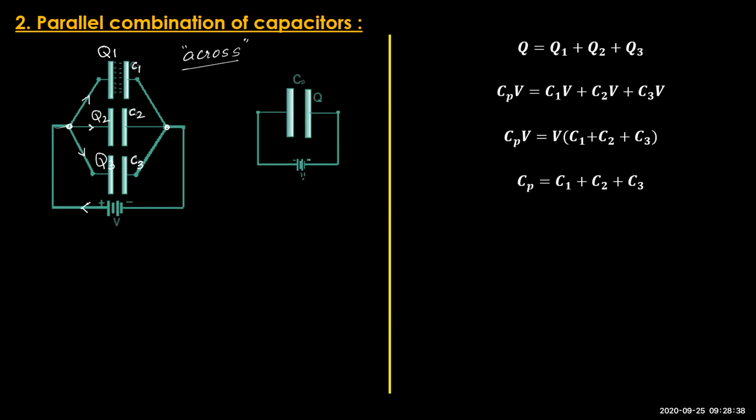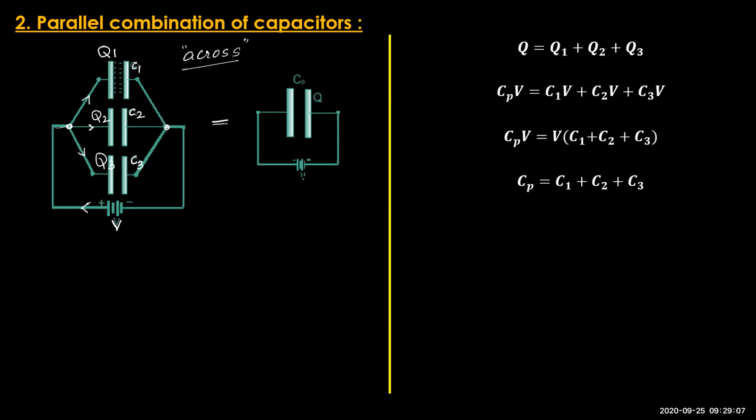Remember this. Then what will be the potential difference across each capacitor? The potential difference across each capacitor will remain the same. So here the charge is different, the potential difference is the same, whereas in the previous case, the potential difference was different and the charge was the same.